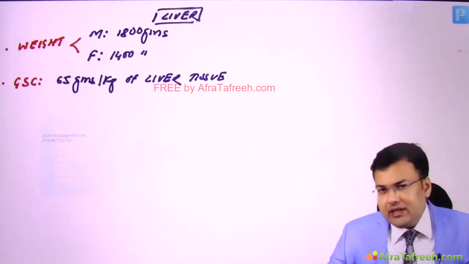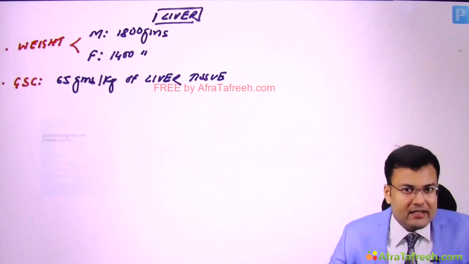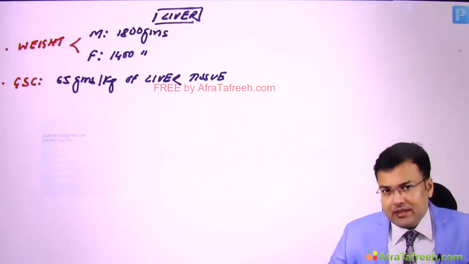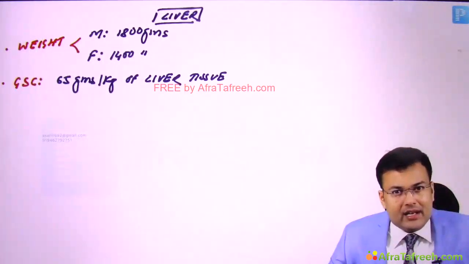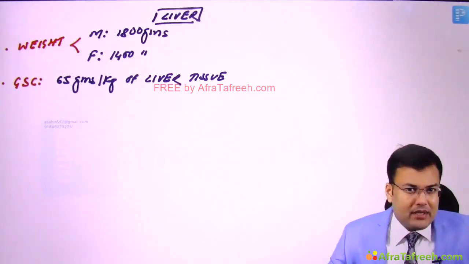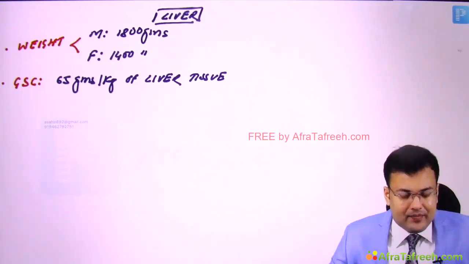You must be knowing that there are two organs in the body which are having dual blood supply. One is liver and one is lungs. So what is the blood supply of liver? In liver, 75% blood supply comes from portal vein and 25% from hepatic artery, right?